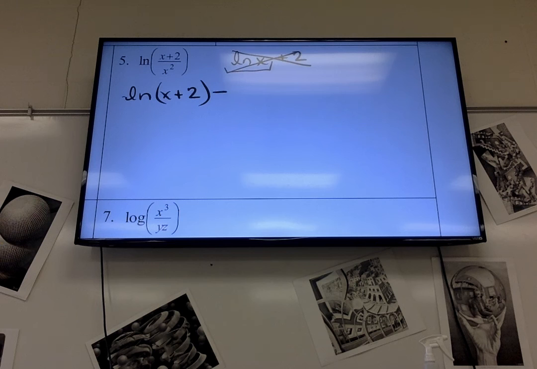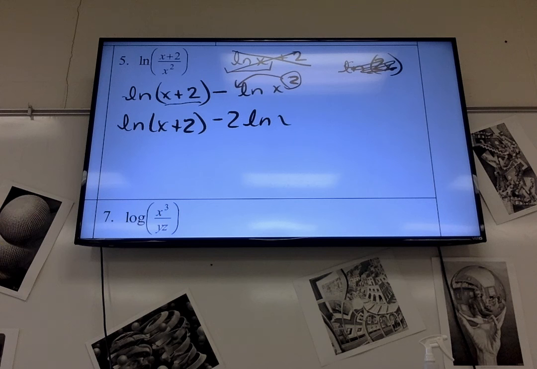Then minus natural log of x squared because they're divided. Now I can't take the natural log of each one of these because it's not the natural log of 2 times x. That's when you can separate it out, when they're multiplied together. So then this 2 can become a coefficient. So it's the natural log of x plus 2 minus 2 times the natural log of x.